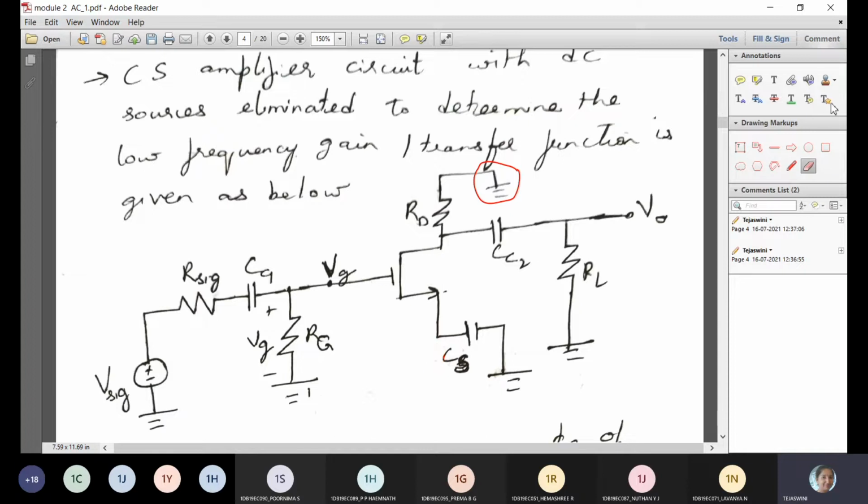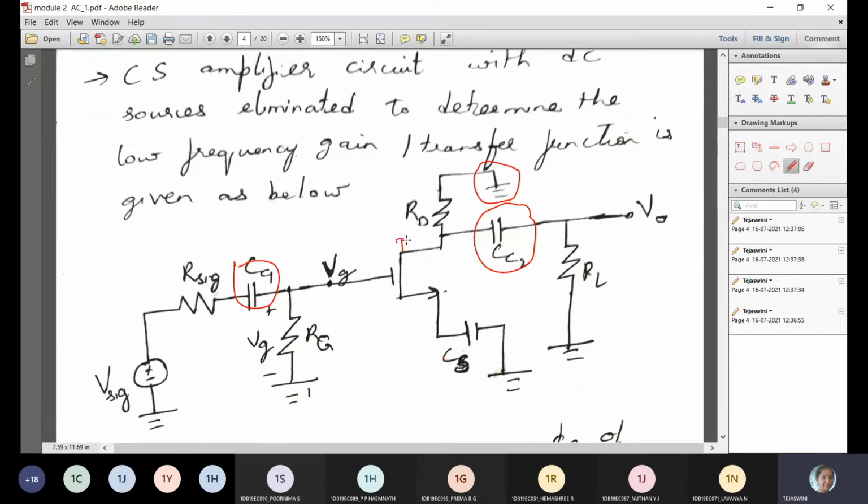Next, you have to find the three corner frequencies based on the three capacitors. I hope you can observe in the circuit: the three capacitors are CC1, CC2 and CS. The circuit is almost the same as your capacitively coupled amplifier. The coupling capacitors are connected toward the input, that is the gate terminal, and CC2 toward the drain terminal.